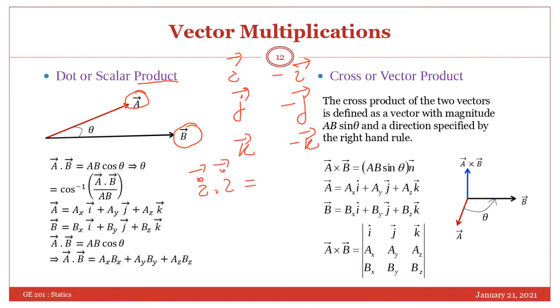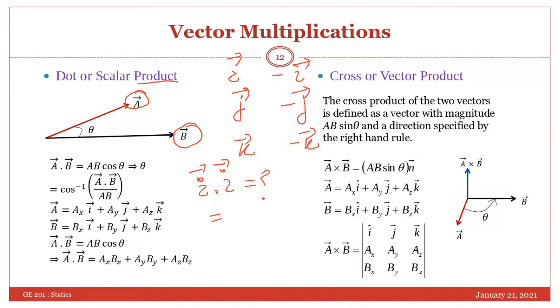Who will tell what will be the answer when you are multiplying i with i? Yes, 1. Because vector A dot vector B equals AB cosine theta. Here i is the unit vector whose magnitude is 1.